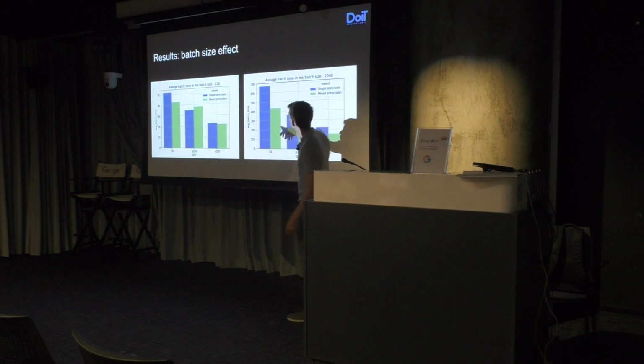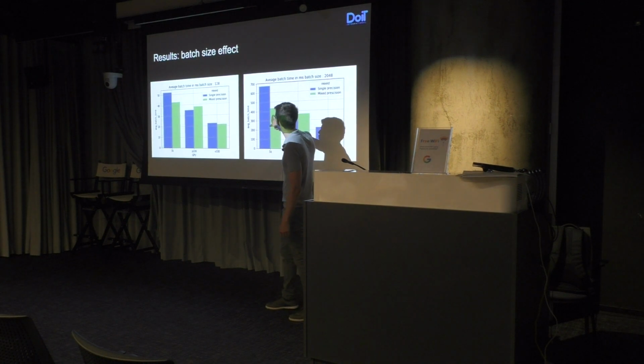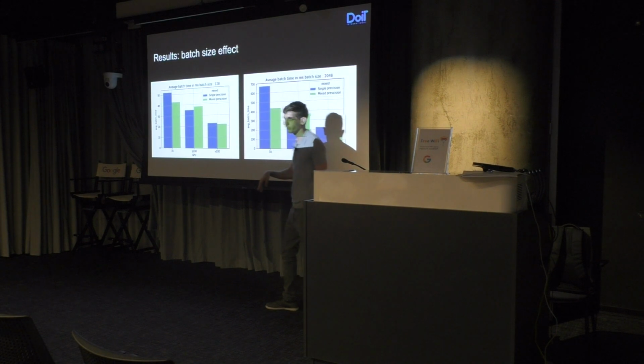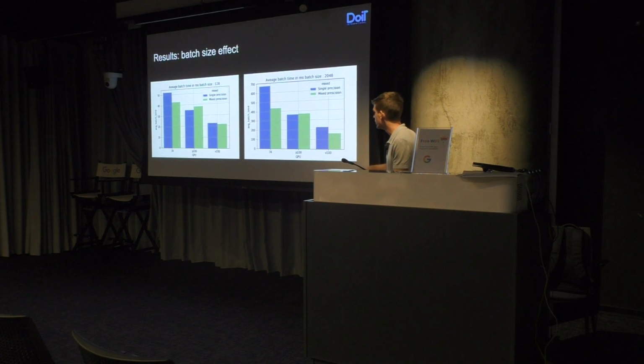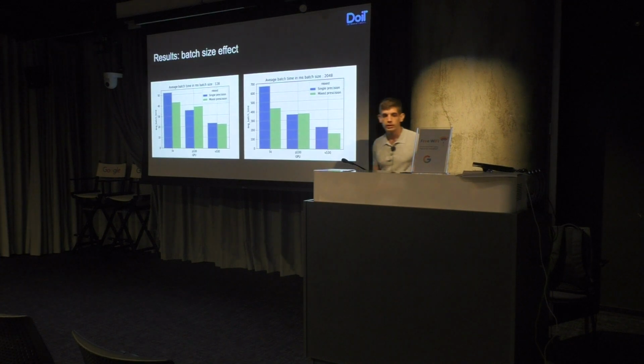Significantly reduced here from almost 700 milliseconds per batch to just over 400. And that is pretty impressive. Here you can see that for P100 you don't see a lot of difference, and for V100 you also see a very significant difference.